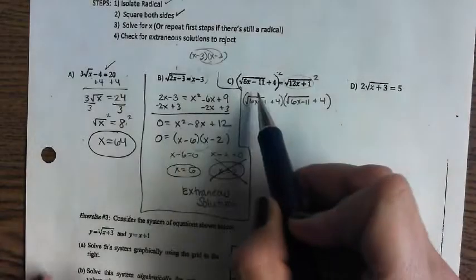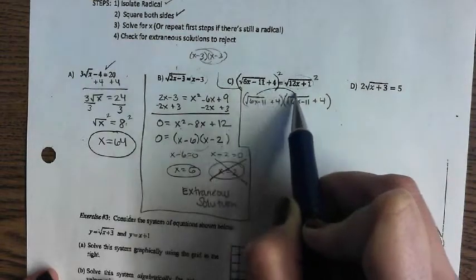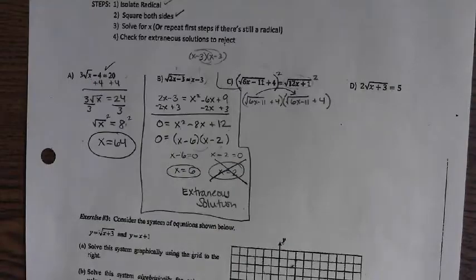Now, when I start my foiling process, root 6x minus 11 times root 6x minus 11. What's going to happen to that, do you think, Owen? Right. So it's just going to be 6x minus 11. It's like root 5 times root 5 is just 5.